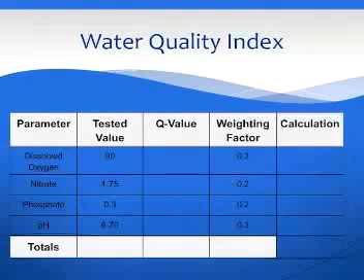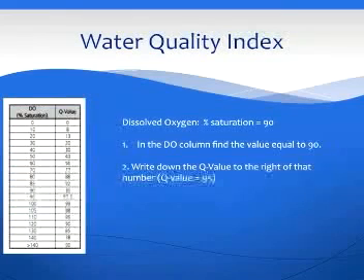So, if we have this example here, with dissolved oxygen, nitrate, phosphate, and pH, we can find how healthy this water actually is, based on the weighting factors and the tested value. So, we go to our Q value chart for dissolved oxygen. The percent saturation was 90. So we look on this chart on the left here, find 90 in the percent saturation column.